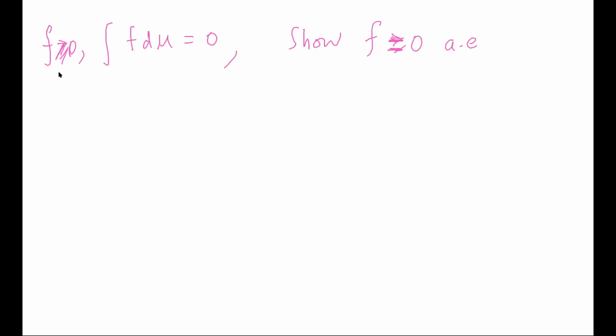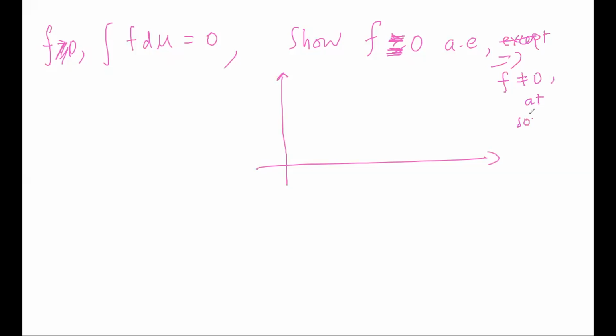Okay, so basically, you look at it like this. You want to show f is equal to 0 almost everywhere. That means except at certain points, right? It means your f can be non-zero at some points with zero measure. Now it says f is greater than or equal to 0.